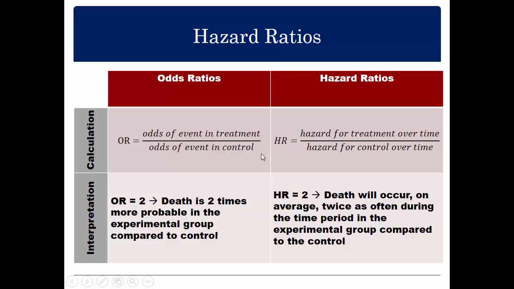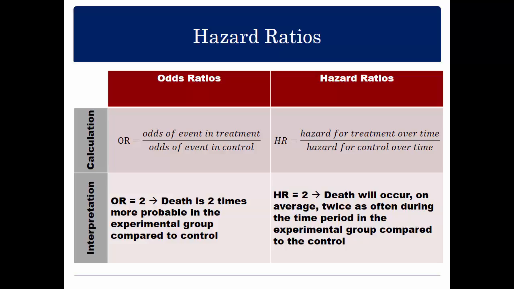If I get the same value for a hazard ratio, remember hazard ratios come from data that not only tells you about whether or not the event occurred, but the timing of the occurrence. So if we have a time period of a year, and I compute a hazard ratio over that entire year comparing a treatment group to a control group, and I get a value of 2, then that hazard ratio interpretation would be that death occurs on average twice as often during that 1 year in the experimental group compared to the control.